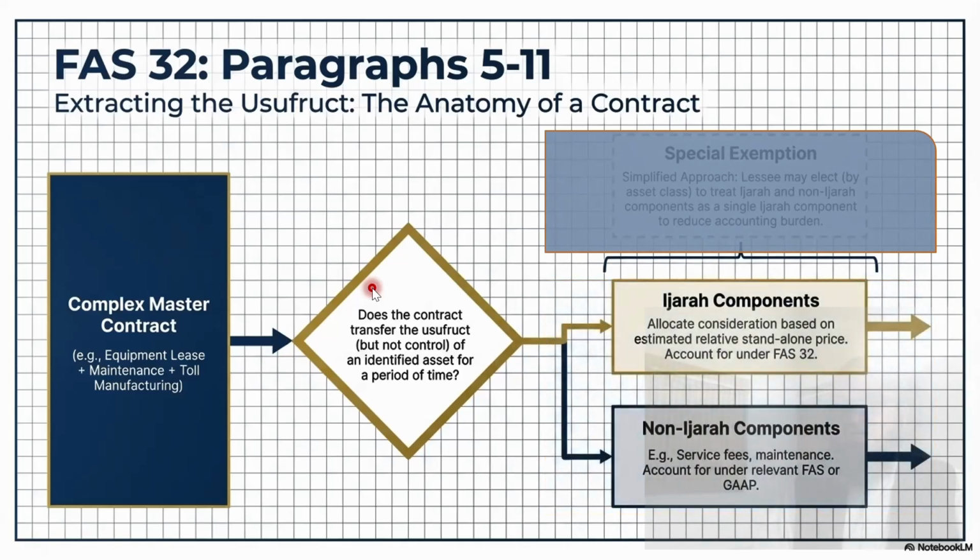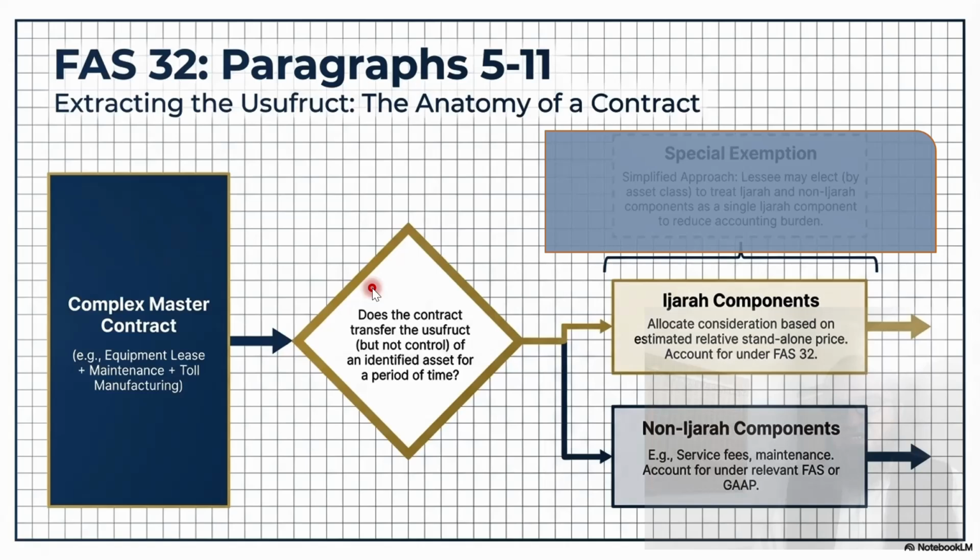If so, then we have to separate the Ijara component and non-Ijara component based on their standalone market prices. For example, a total agreement is for 100 rupees. Then we have to see how much of the 100 should go to Ijara and how much should go to non-Ijara services. So we have to see the standalone prices.